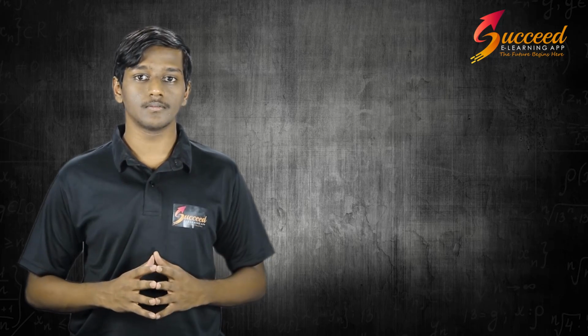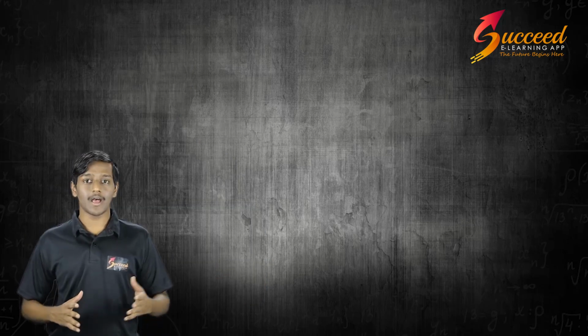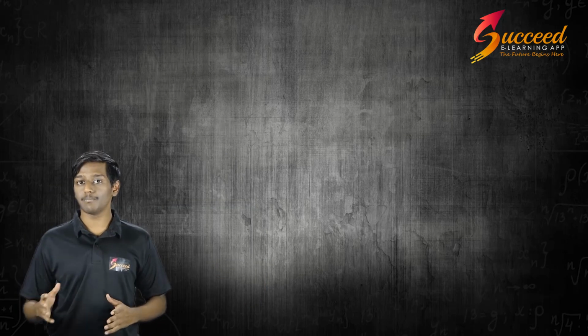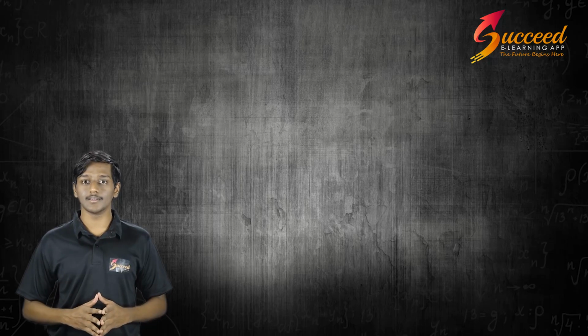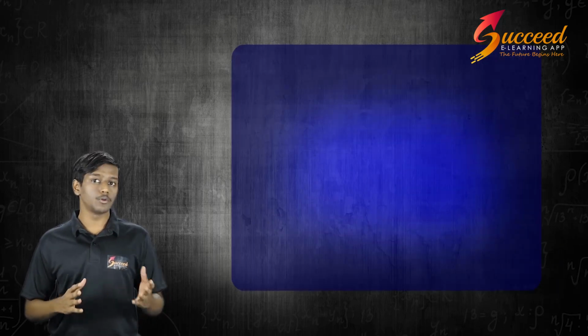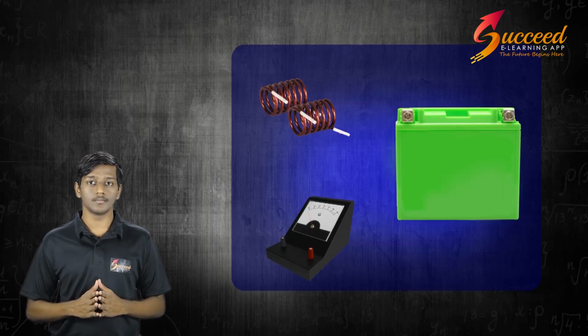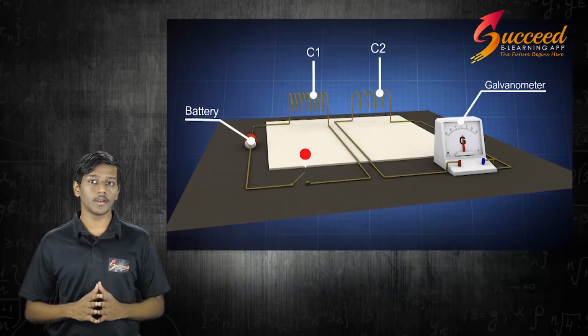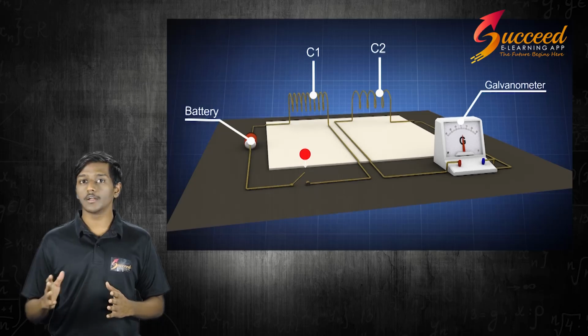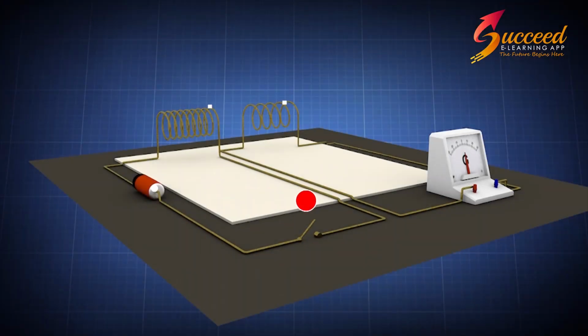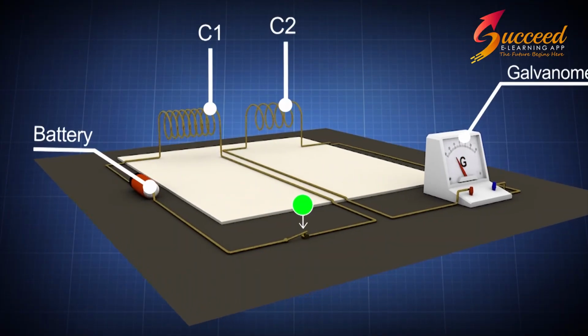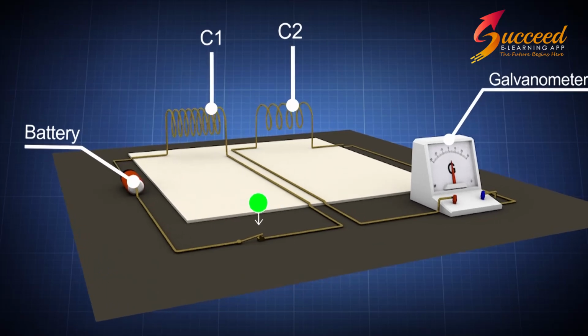in the conductor. Now let us perform the same activity by replacing the bar magnet with a current carrying conductor. Now let us take two coils, a battery and a galvanometer. Now let us connect coil 1 to the battery and coil 2 to the galvanometer. When the plug key is inserted, we can see a deflection in the galvanometer.